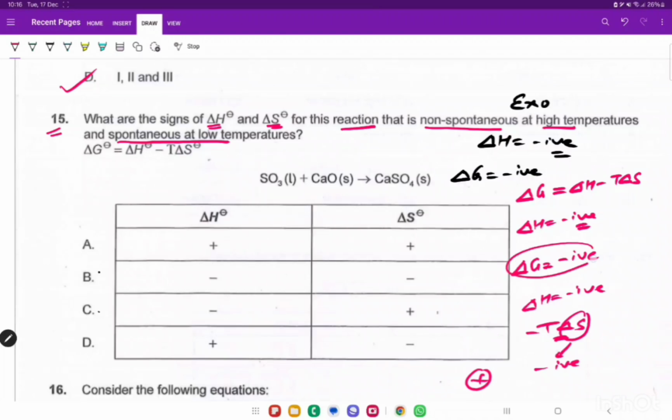In order to get my delta G negative, I should keep the T delta S value low. That is, the reaction will become spontaneous at low temperature. Temperature should be low, then it will become spontaneous. It means my delta S is negative. So I got delta S negative and delta H negative. The answer should be B. Delta S and delta H negative. Okay.